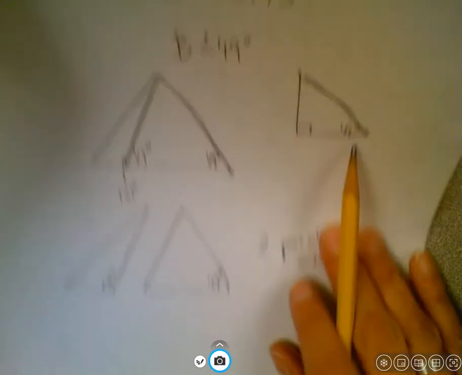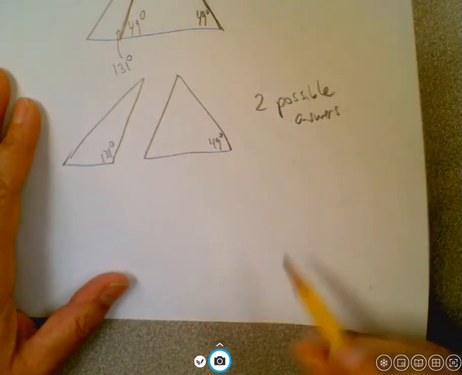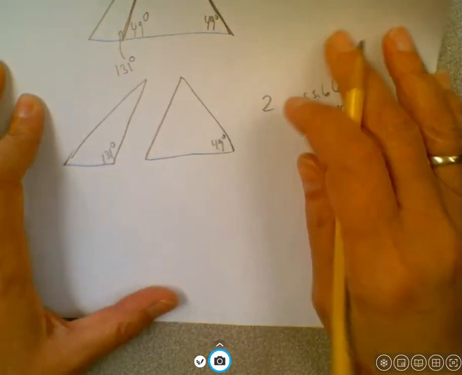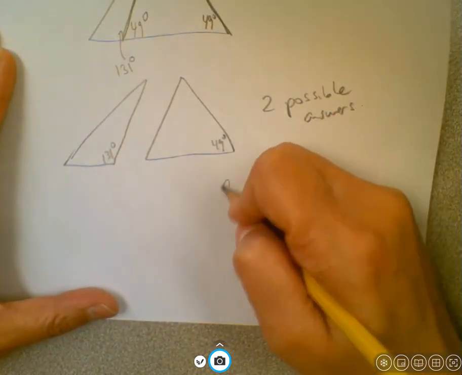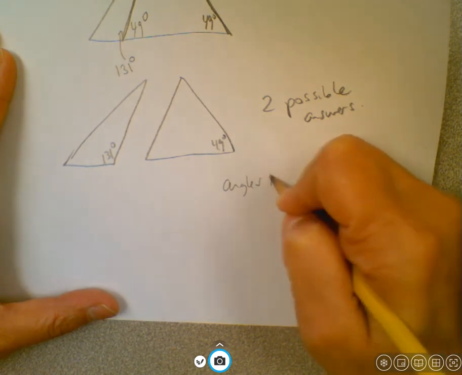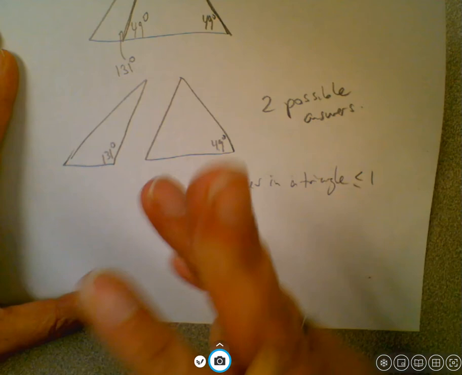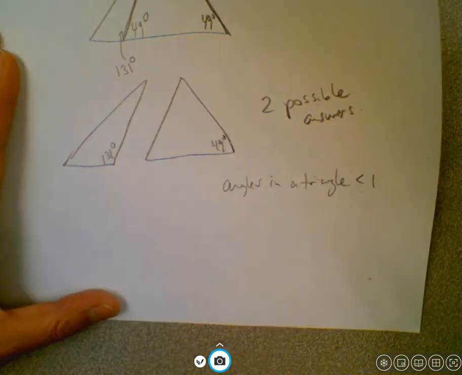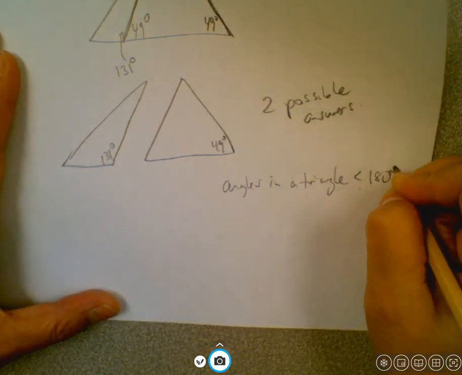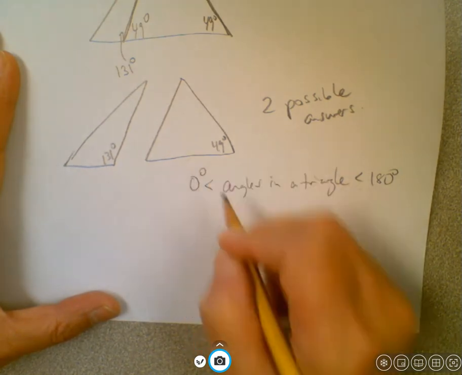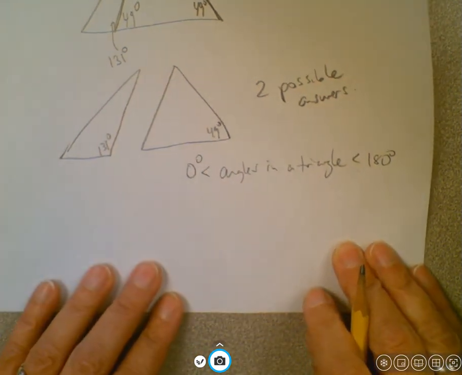And let me just try one more thing. Why does this happen for sine? Okay, so you know that in a triangle, angles in a triangle are between 0 and 180 degrees. I'm not going to put less than or equal to. All angles in the triangle must be between 0 and 180 degrees.